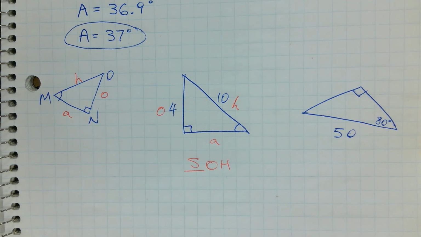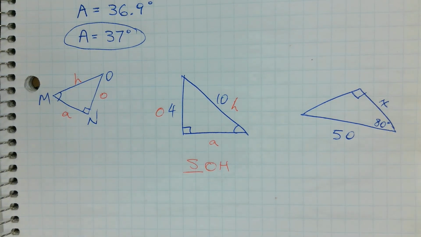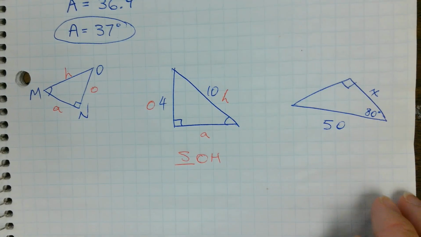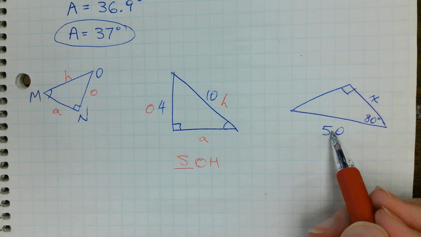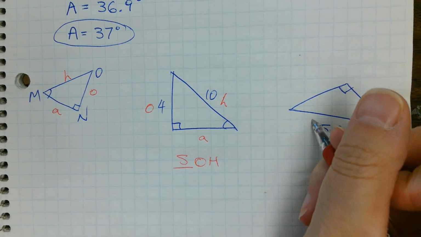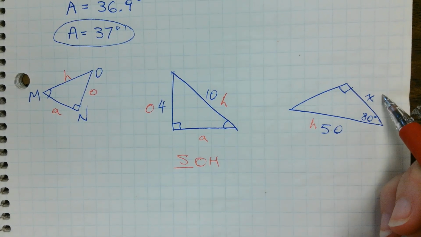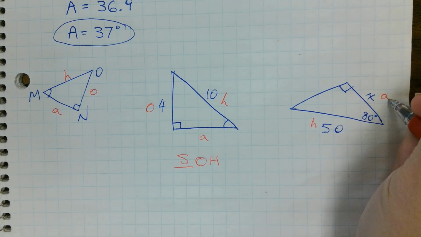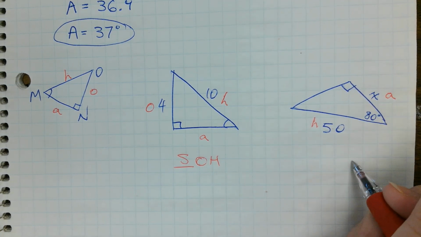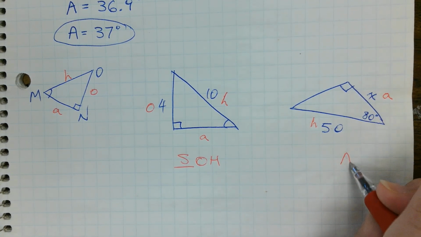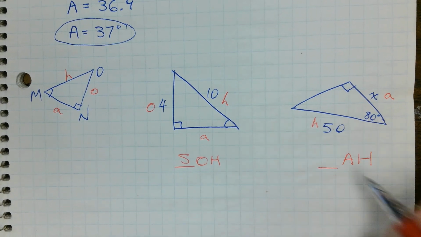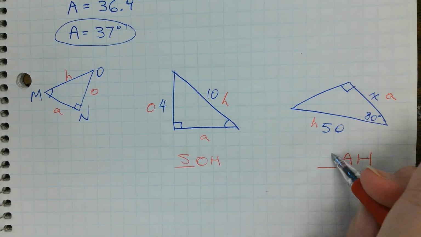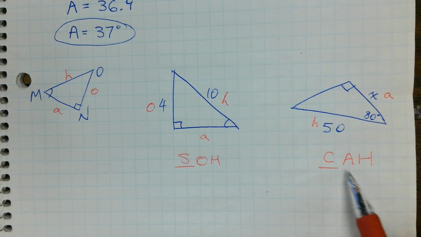Let's just say. And you are looking for this. Okay. Which side is this? Which side is this? Good. So what am I using? "Ka". Yeah. A, H, so it's CAH.